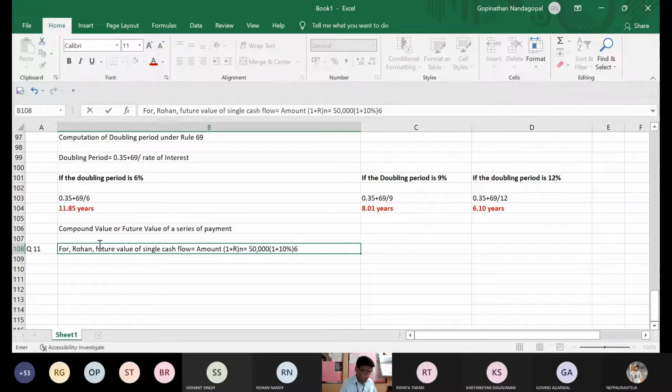Can you tell me now how much you get? No, forget that 50,000. See what is (1 + 10%) to the power of 6.